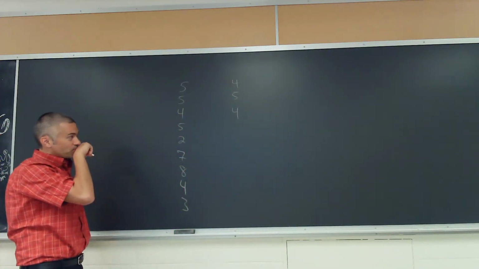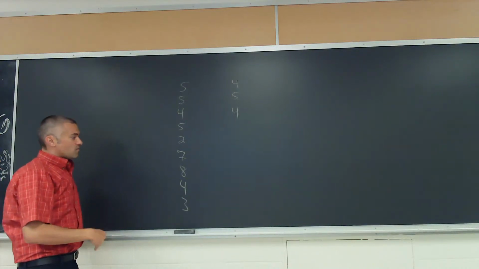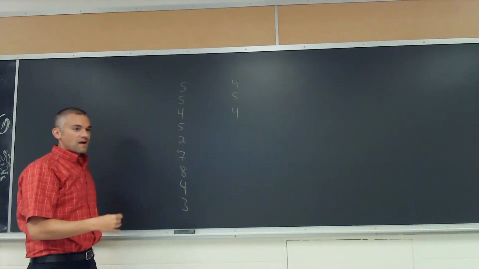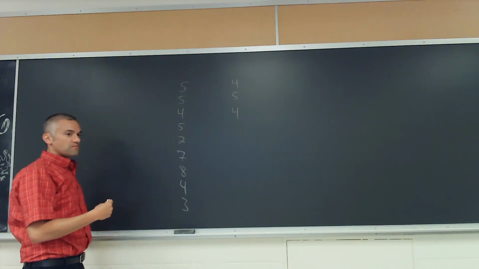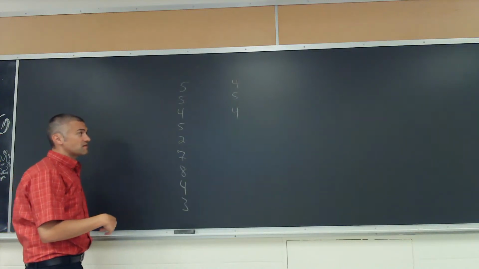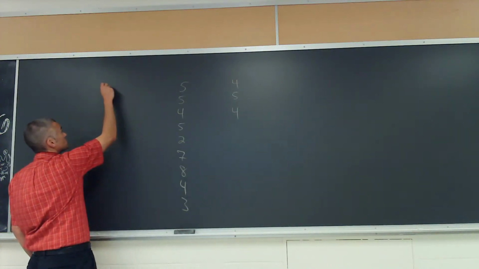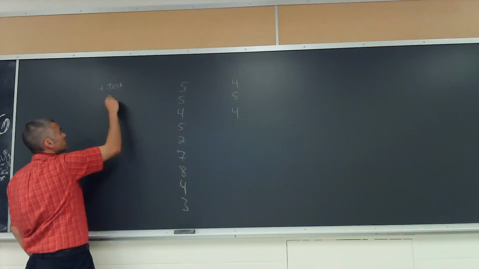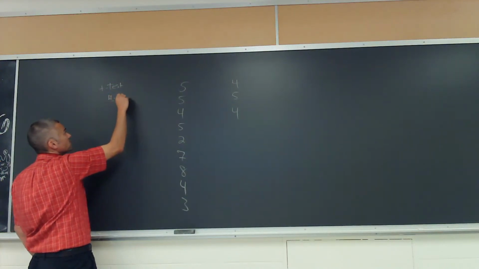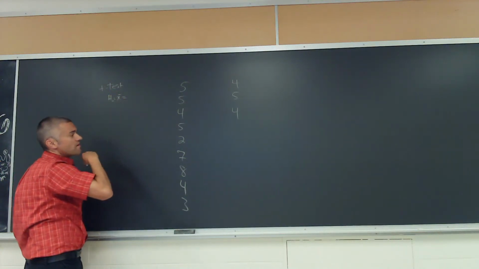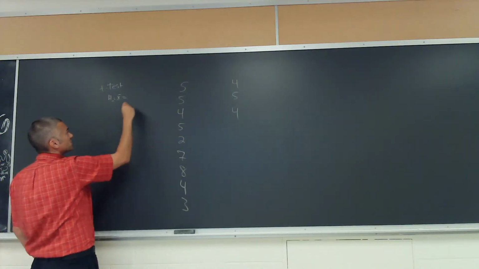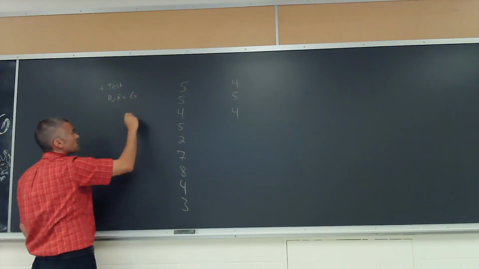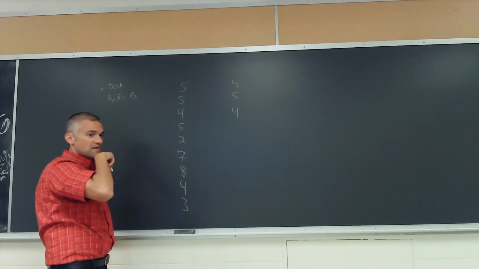All right, that's our data set. We run it. Let's say we're non-normal, so we can't do a t-test. And let's say our t-test was interested in testing if our mean was equal to, I don't know, 6. That's what we were testing.